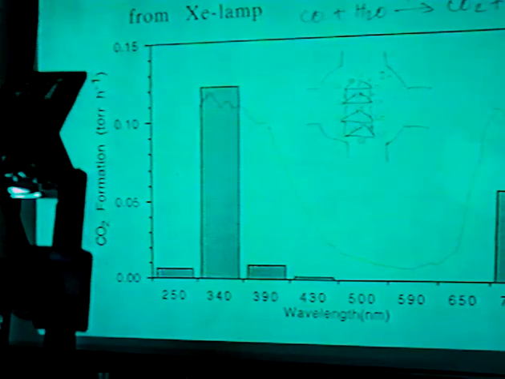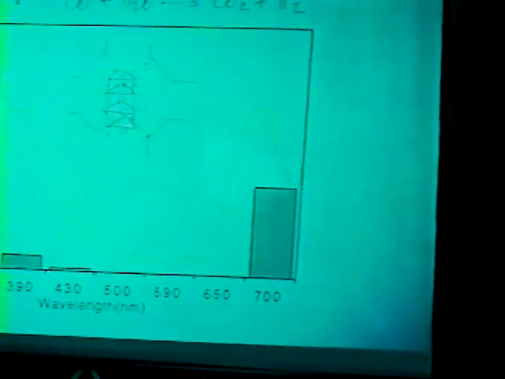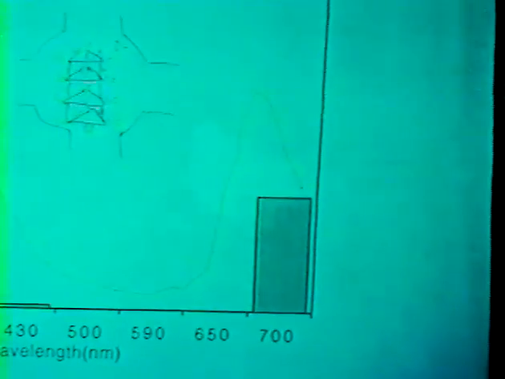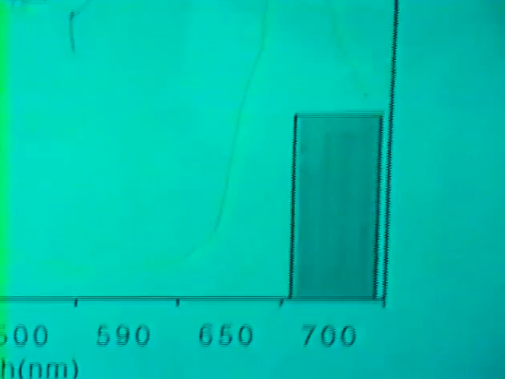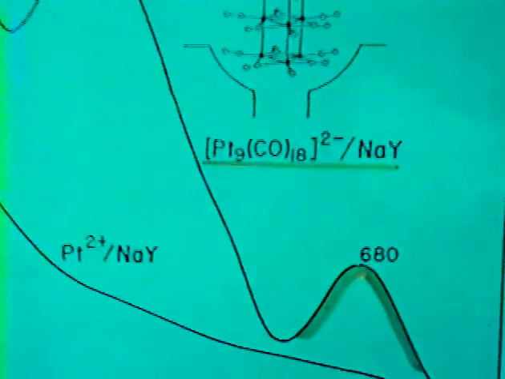But the higher one is also associated with some electron diffusion over the entire platinum cluster network. And actually this cluster is a blue-green colored material, but this platinum 9 carbonyl is red in color.